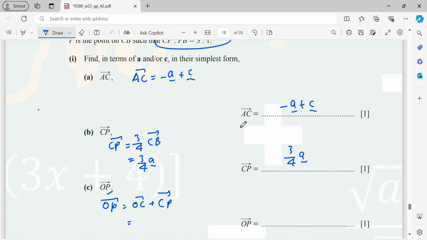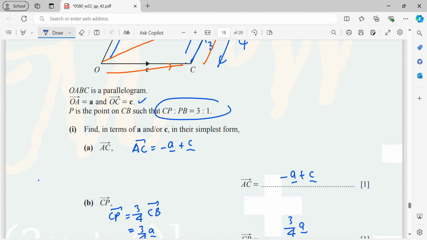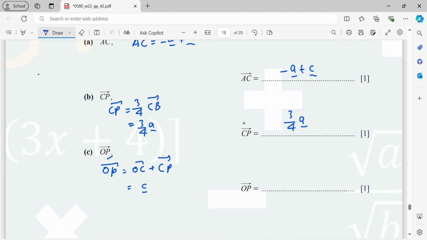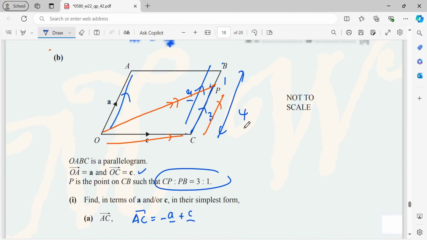And then the OC is given in the question, which is C. So I will just write C plus 3 over 4 A. Okay. So done for all these questions.